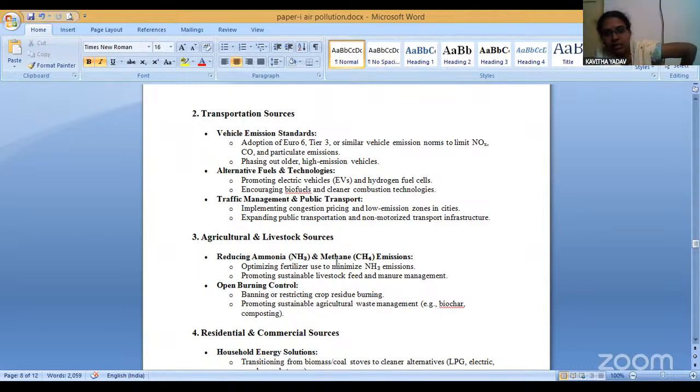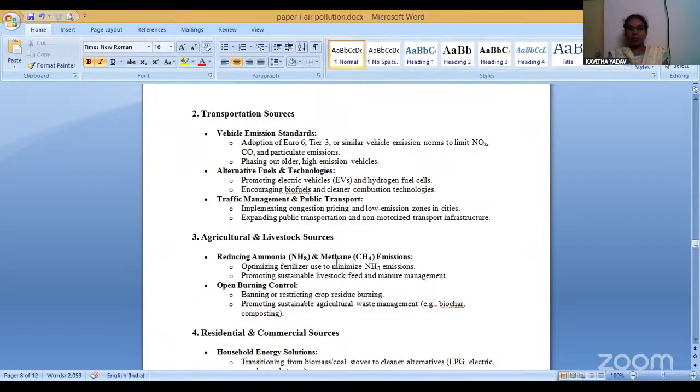But India is one of the most important countries which directly or indirectly depends on livestock and rearing. So many people make their living from livestock rearing only. Then coming to the point, optimizing fertilizer use to minimize ammonia emissions and promoting sustainable livestock feed.